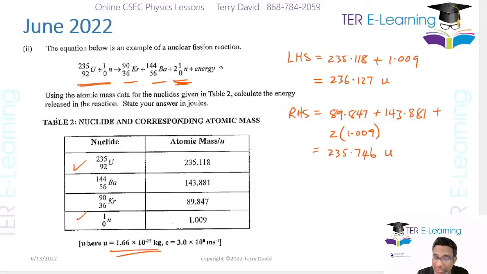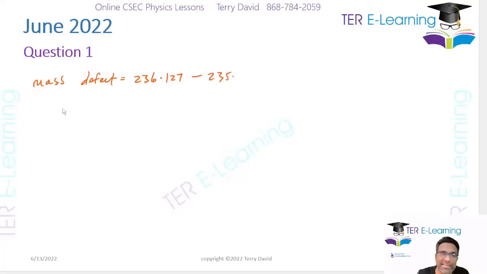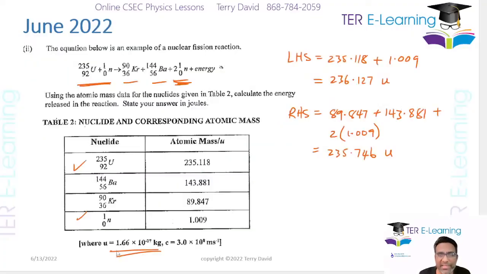Now, before we use the E equals mc squared formula, I need to convert that U into kilograms. I told you all that last night. So your mass defect in kilograms is 0.381 multiplied by, they gave us this here, 1.66 by 10 to the minus 27.